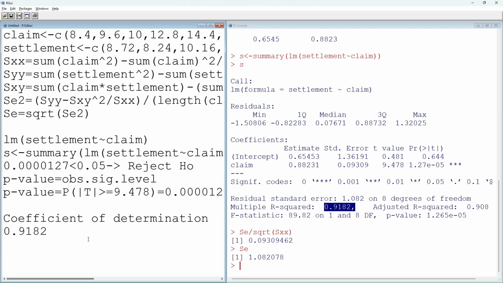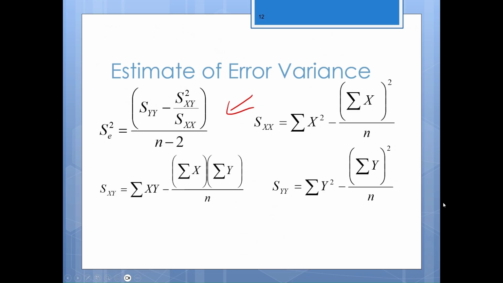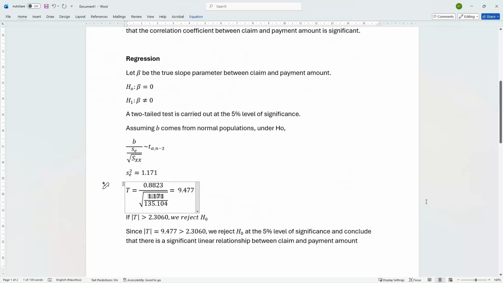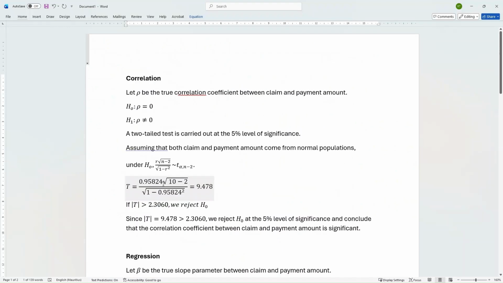What does this mean? First of all, how do we obtain that? To obtain that, it's very simple. You need to have your correlation first of all. You remember in our previous exercise, we computed the correlation and it was 0.95824.